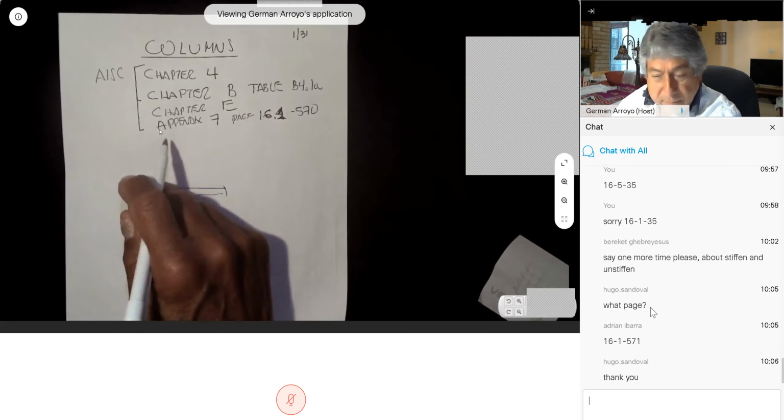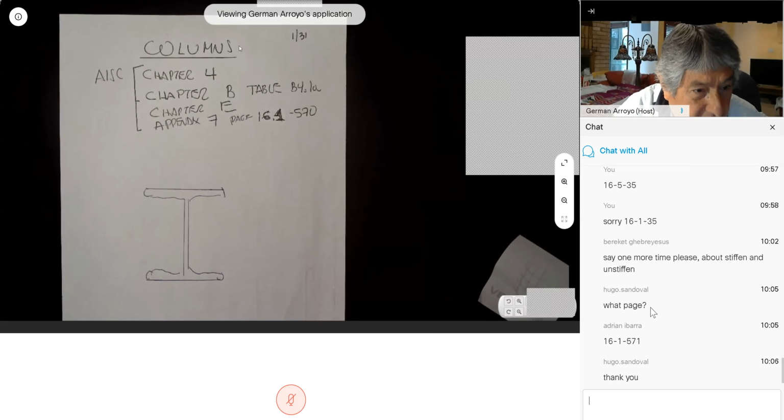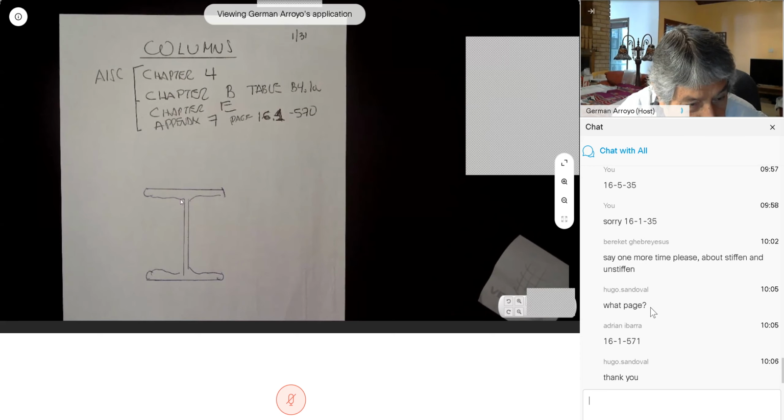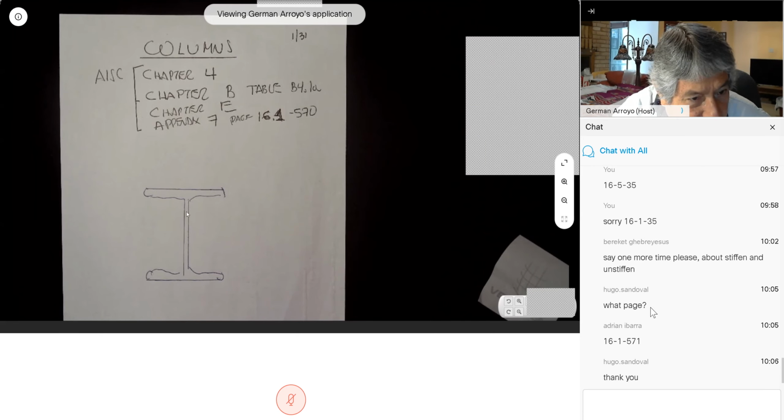They are free. But the web is like a little column supported by this flange and this flange. So they call the web stiffened because it's supported by the flanges, and they call the flanges unstiffened.